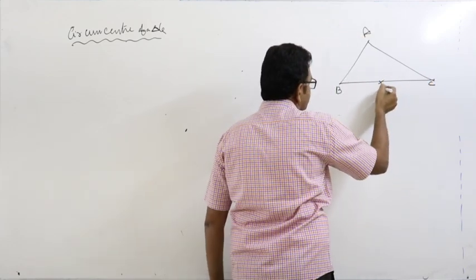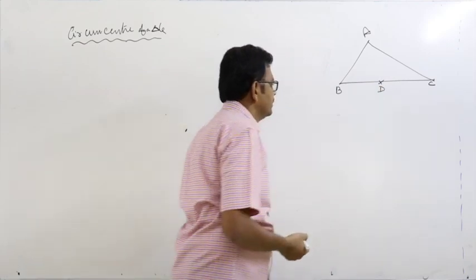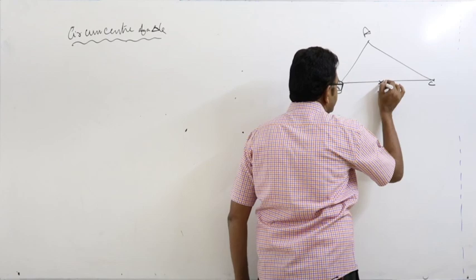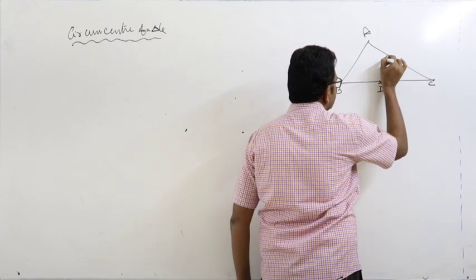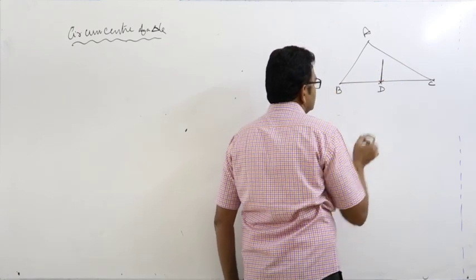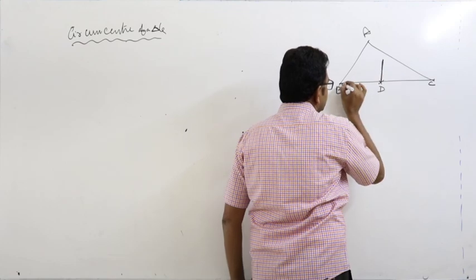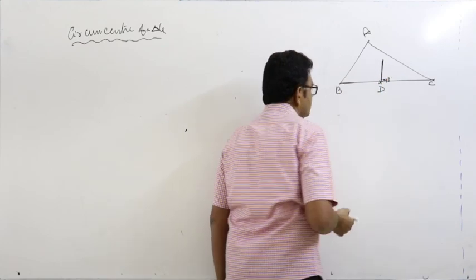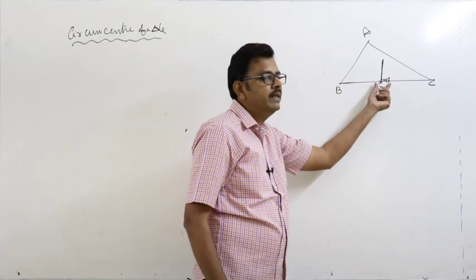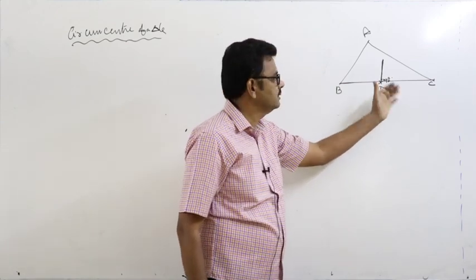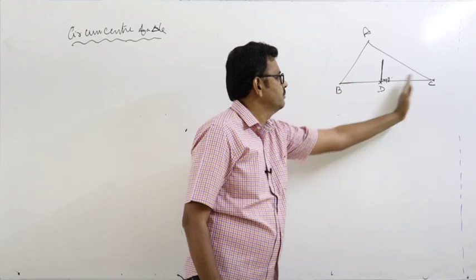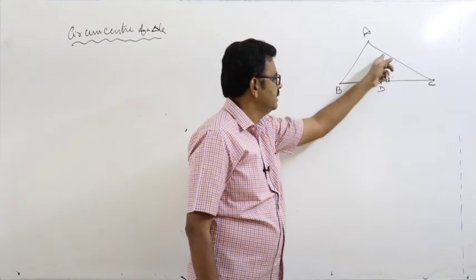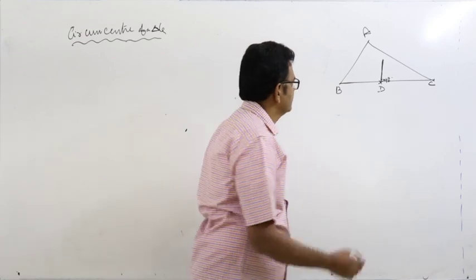D is the midpoint of BC. Draw a line perpendicular to BC. Here the angle is 90 degrees. This is the perpendicular bisector. Bisector means D divides BC into two equal parts. D is the midpoint of BC, and this line is perpendicular to BC.